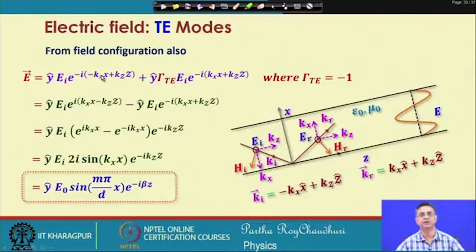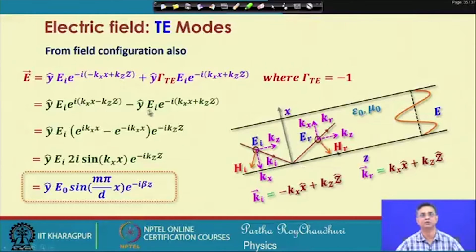So, this is a wave propagating along the positive x axis, and this will be minus because there is a minus sign, and this is the reflected wave.